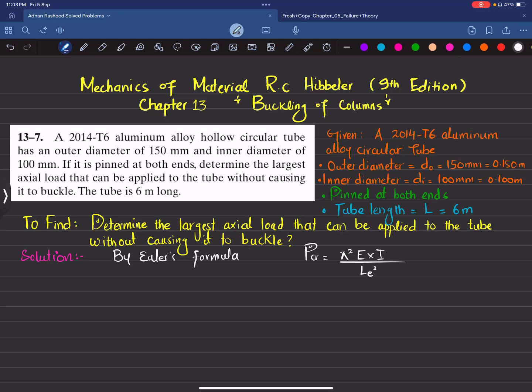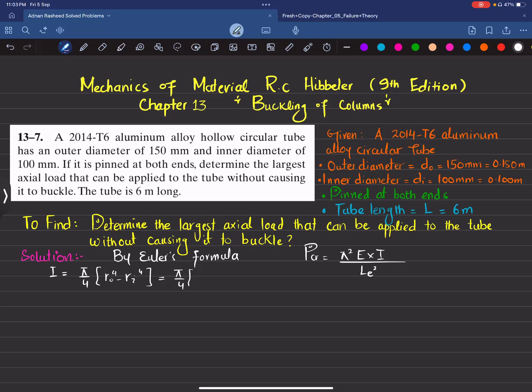So we will first find the moment of inertia I, and for that we know that for a hollow circular shaft, it is equal to pi by 4 multiplied by R outer power 4 minus R inner power 4. Okay, so just plug in the values: pi by 4.